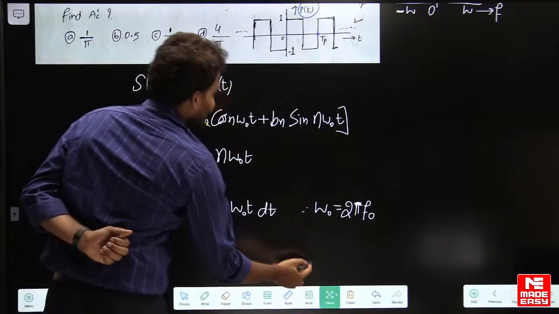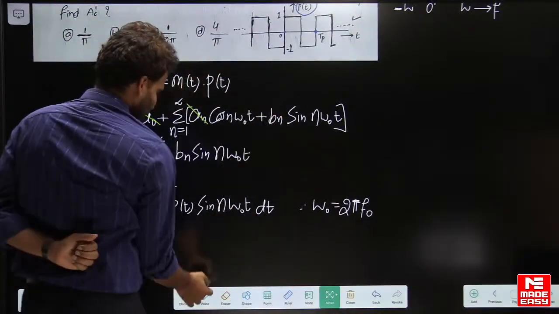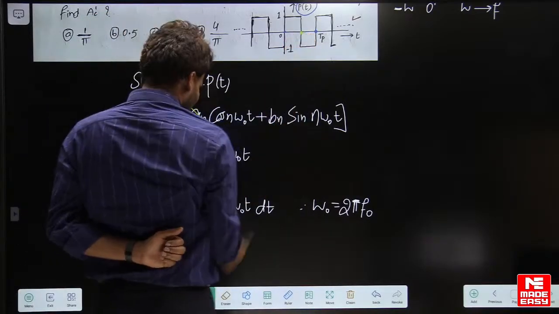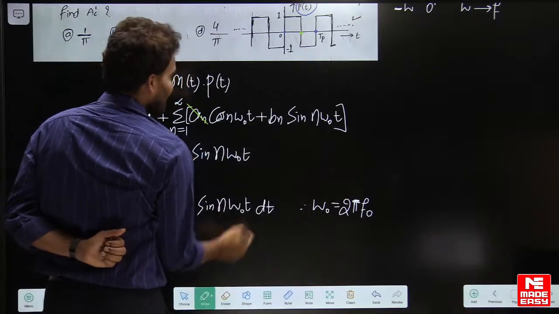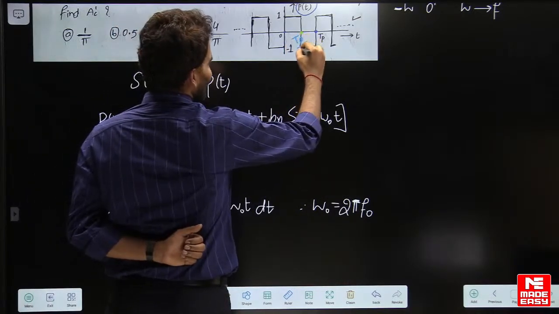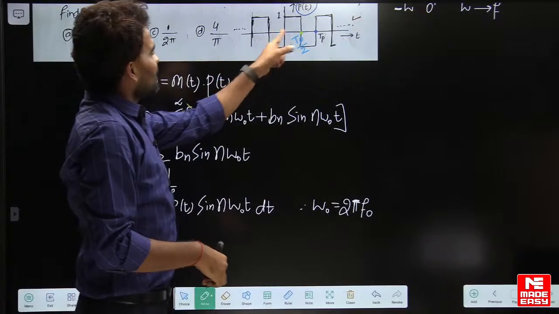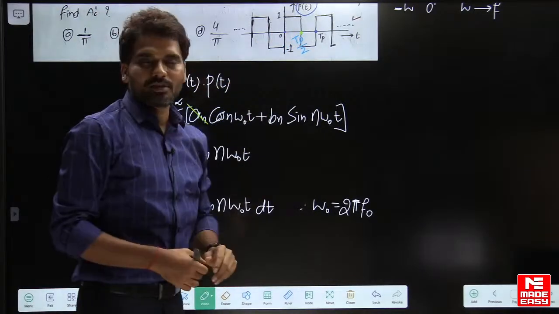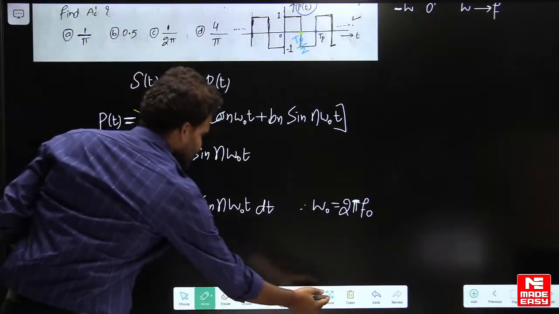Let me write like this. From 0 to Tp by 2 the p(t) is 1, and from Tp by 2 to Tp the p(t) is minus 1. So let me substitute here.